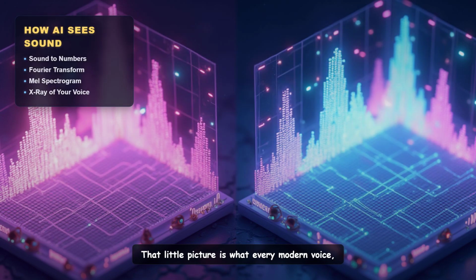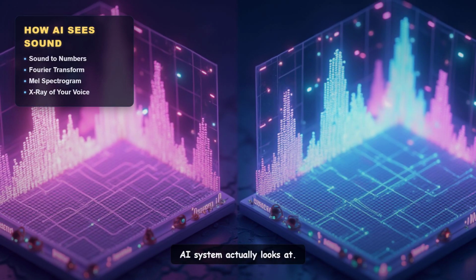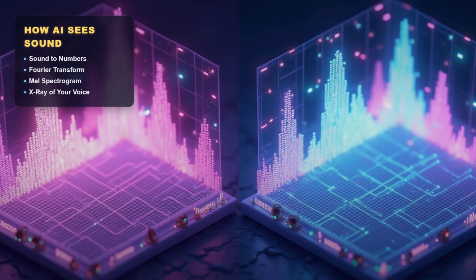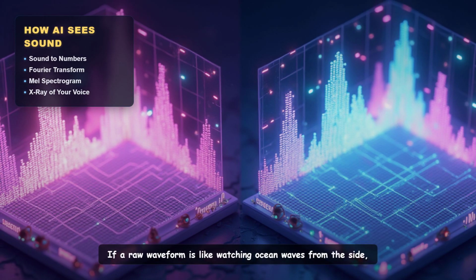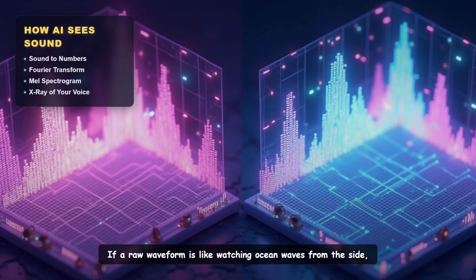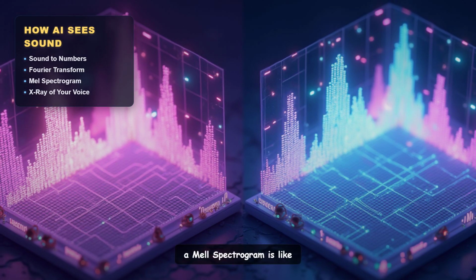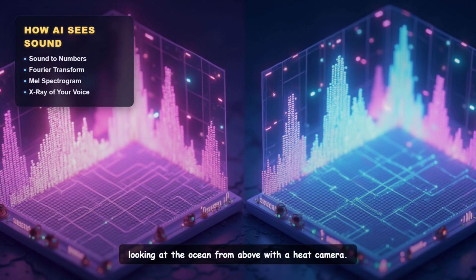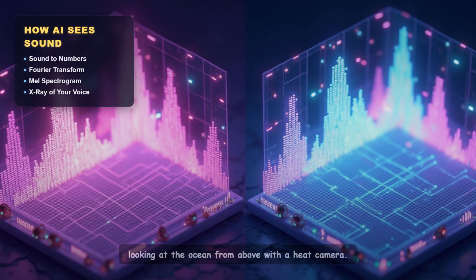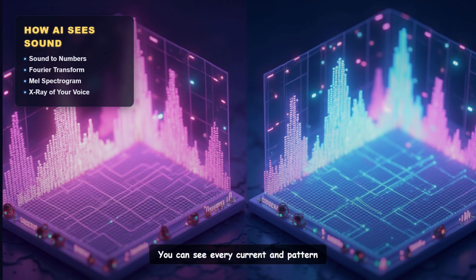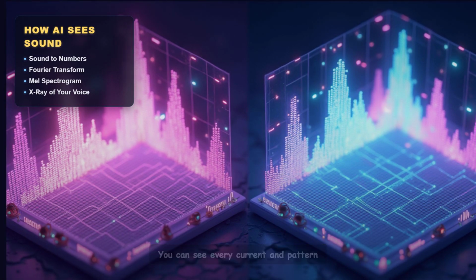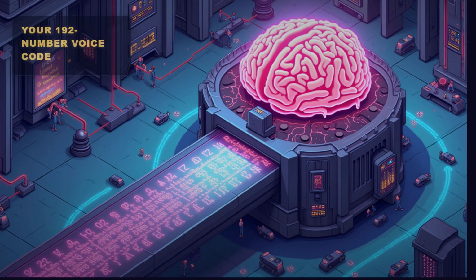That little picture is what every modern voice AI system actually looks at. If a raw waveform is like watching ocean waves from the side, a Mel spectrogram is like looking at the ocean from above with a heat camera. You can see every current and pattern that was invisible before.